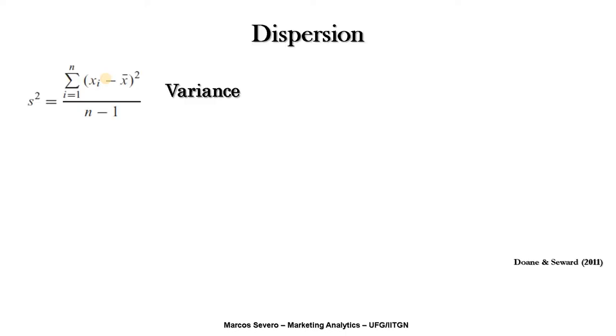The first measure of dispersion we are going to understand is variance. Variance usually is not in the same scale as the variable under study because we square the variable to analyze its dispersion.